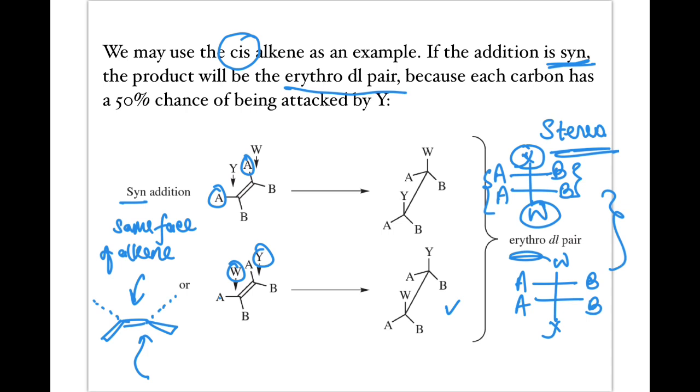These are just mirror images of each other. And that's why it is said you are getting a DL pair, that is isomers, a racemic mixture. Because each carbon has a 50% chance of being attacked by Y. So till now we have not yet decided the regioselectivity, and that's why we say that each carbon has a 50% chance of being attacked.